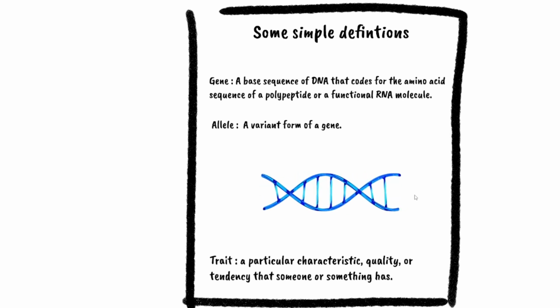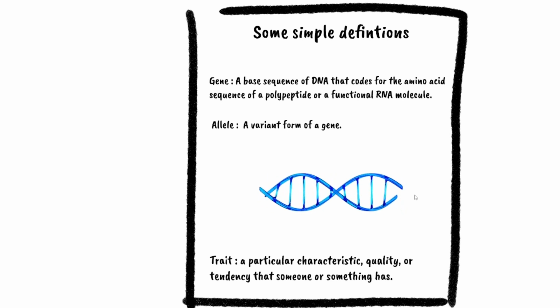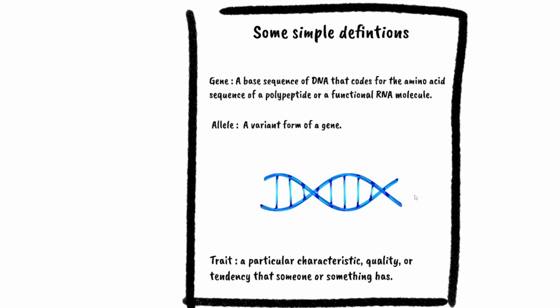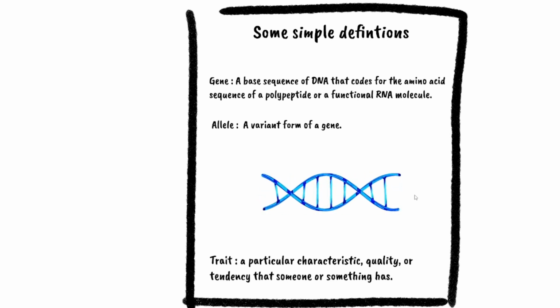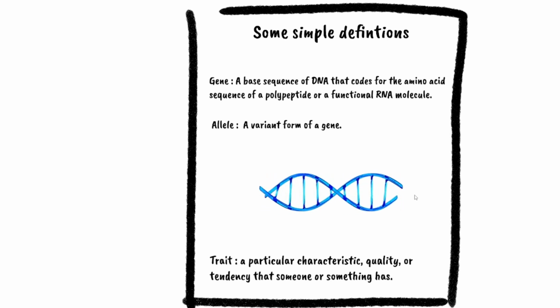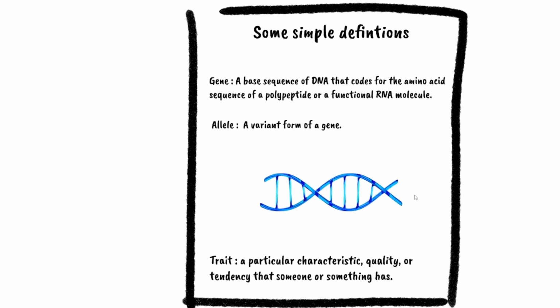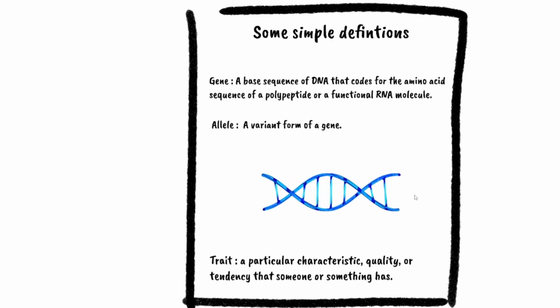I used to mix up genotype, gene, chromatid, everything. Chromosome, chromatid, I used to think it's the same thing. I just used to call a gene a chromatid too, and a gene a chromosome too. So please do not mix them up. Make your concepts clear. Learn them properly.